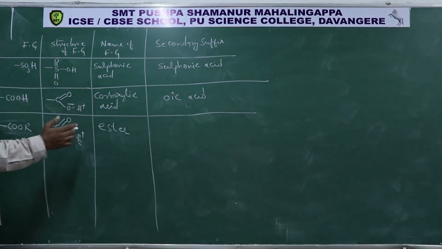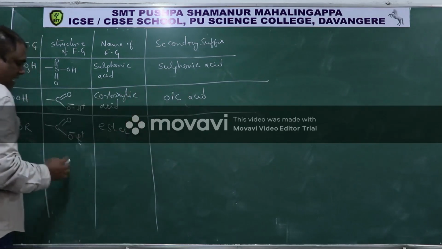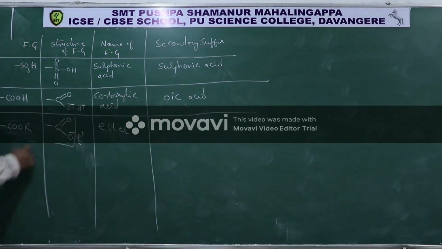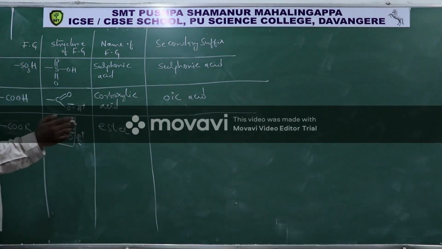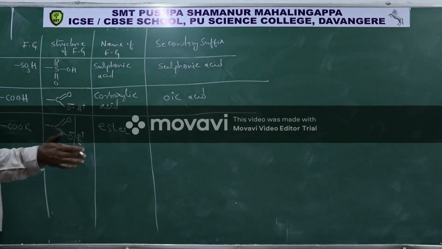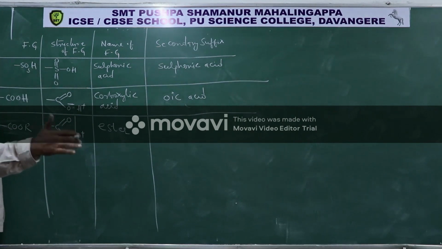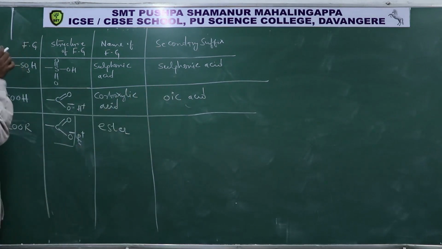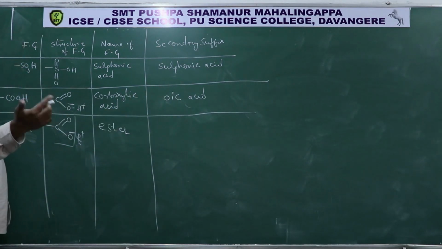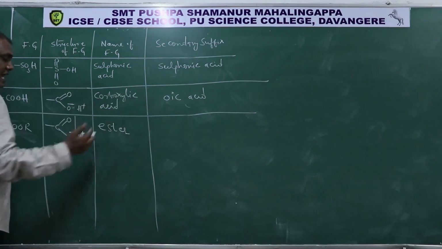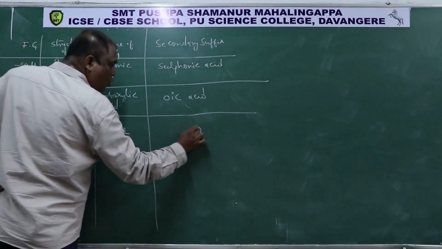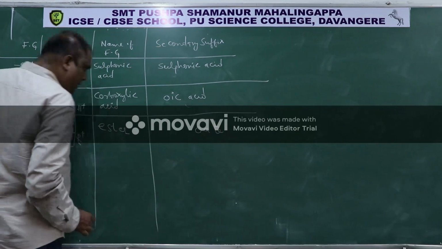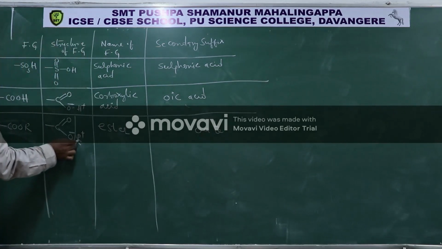So oic acid anion name becomes oate, like sulfuric, sulfate, nitric, nitrate, oic, oate. So sulfuric acid anion is sulfate, oic acid anion is oate. But cation is R.